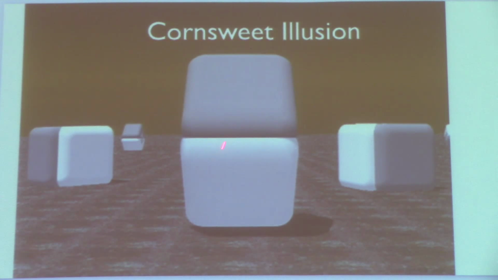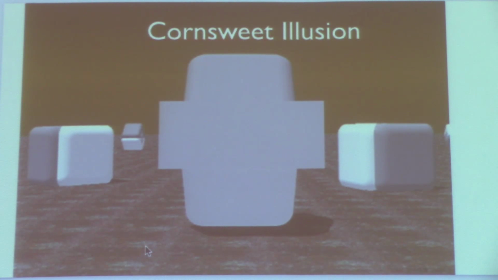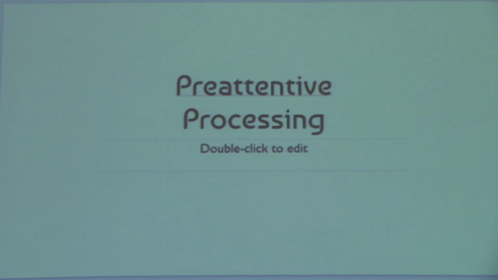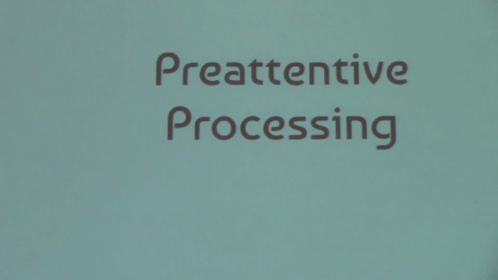This is of course reinforced strongly by the shading, but these are actually the same color. If we add this barrier here, we can see that those are actually the same color, and this is just because we kind of interpolate the lighting. So this was what we talked about last time in terms of perception, and now let's continue with preattentive processing.